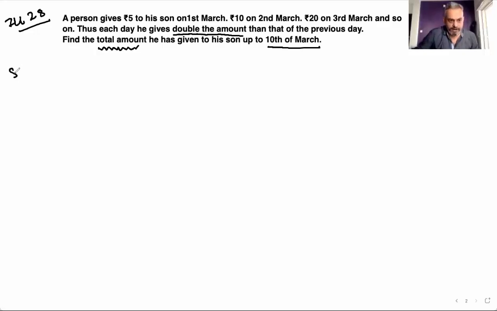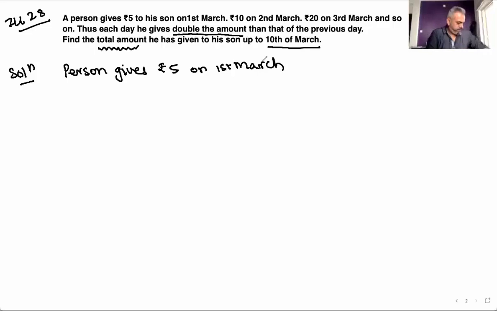So now let's start. Person gives rupees 5 on 1st March. That is A is equal to 5.